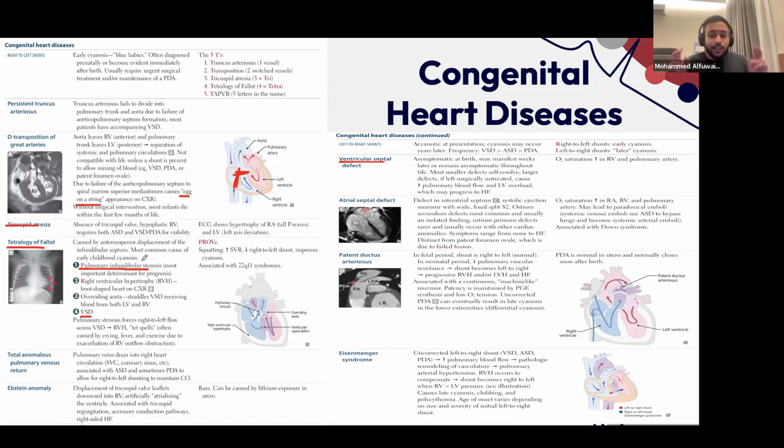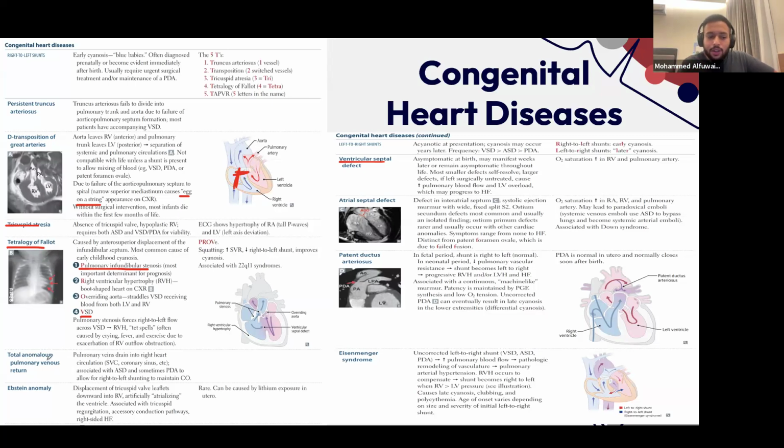So what they do in the TET spells is they squat, okay? And when they squat and basically sit down on the floor, this causes an increase in afterload, which will decrease the pulmonary infundibular stenosis and decreases the outflow obstruction, okay? That's basically the most important thing to remember about this, okay?